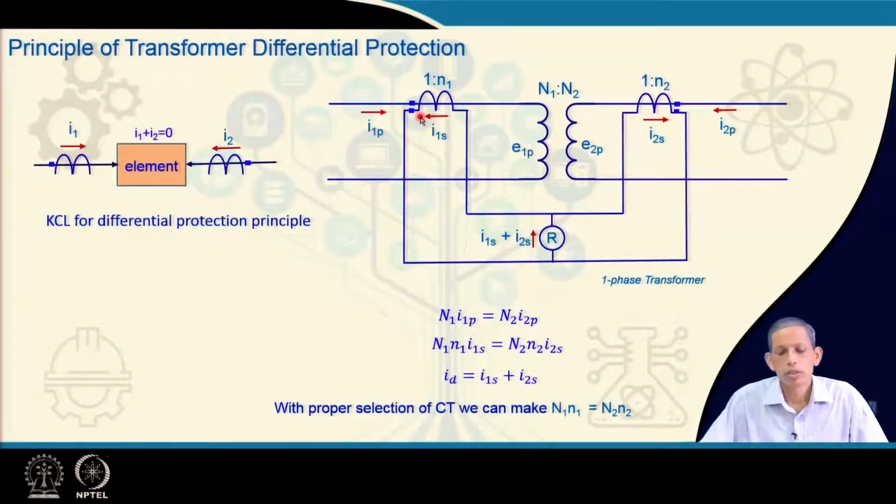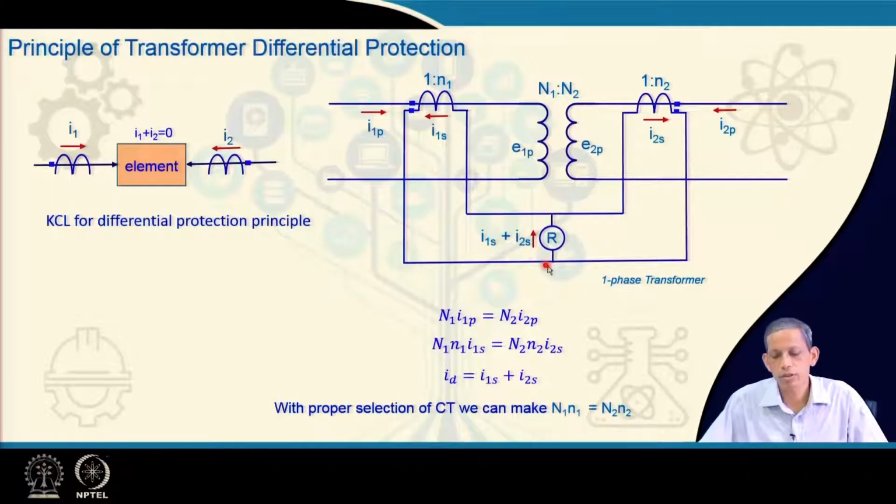The corresponding CT will be connected like this, and in this differential path the corresponding current becomes I 1s plus I 2s, where I 1s corresponds to the primary side CT secondary current, and I 2s is the secondary side of the transformer CT secondary current.